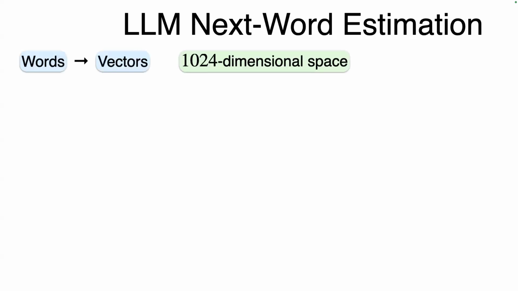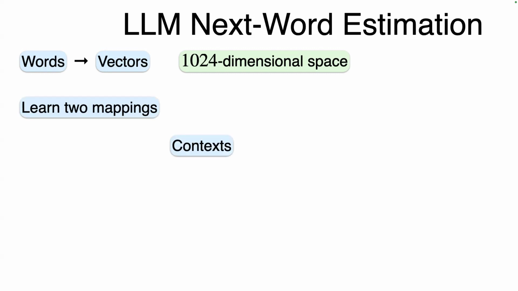Okay, so the way things are done these days is you convert words to vectors, typically in a 1024-dimensional space, and you learn two mappings. One maps the context into a vector in this space, and the other takes each word and maps it into another vector in this space.